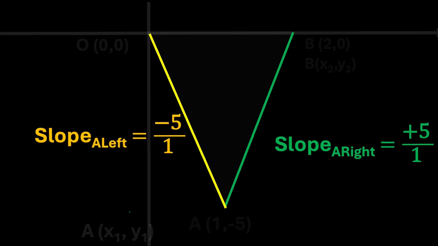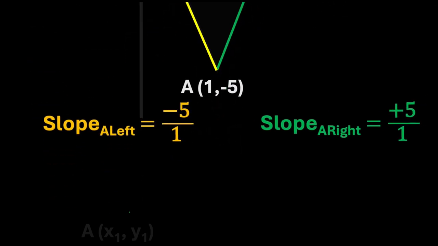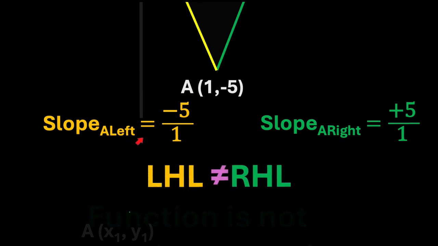What would this imply? This actually means that approaching from the left, the slope is minus 5. Approaching from the right, the slope is plus 5, which further means that the left hand limit is not equal to the right hand limit.